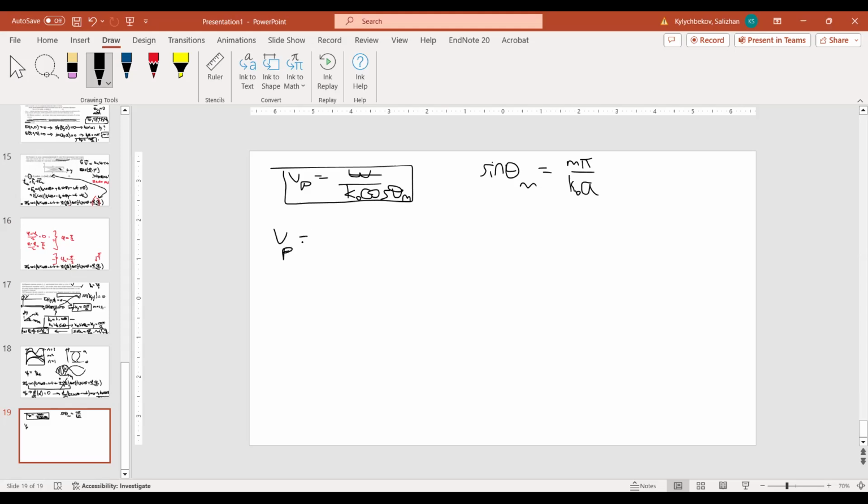VP of the modes is omega divided by k0 times cosine, which is square root of 1 minus m squared pi squared divided by k0 squared a squared. This is V phase of the modes, depending on modes. m can go to 1, 2, 3, and so on.